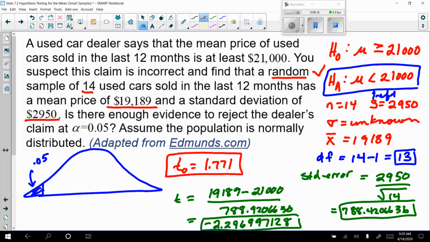Now, since this is a left-tailed test, this t-value will be negative here. So at this t naught, that's negative 1.771. And this is going to be well within that region.